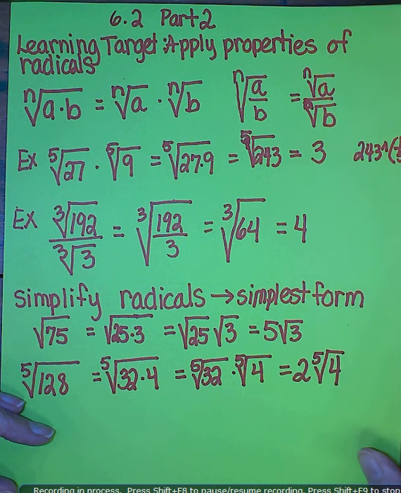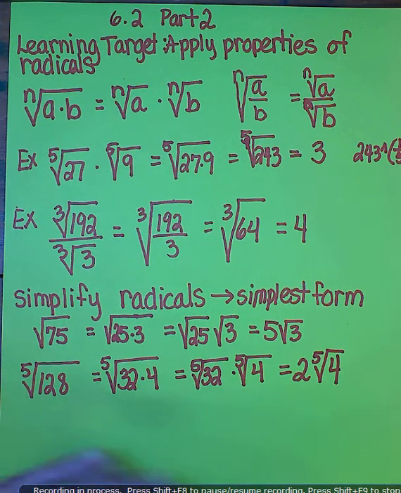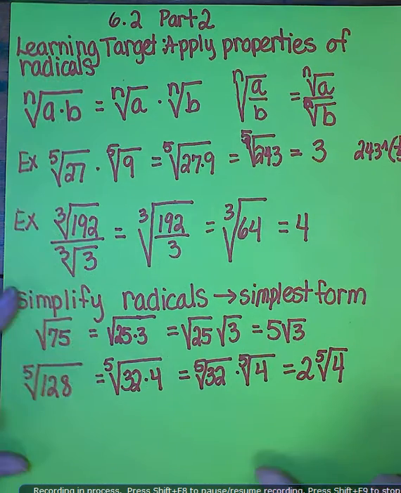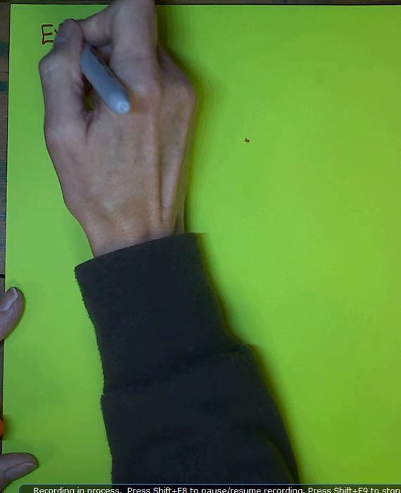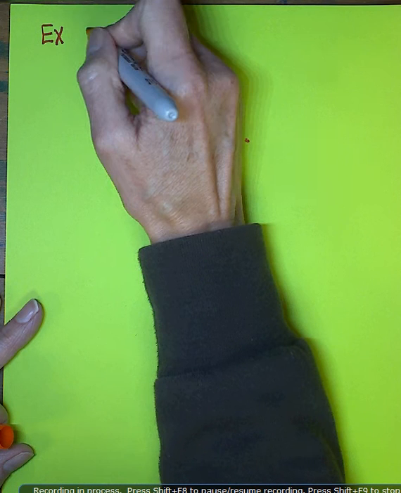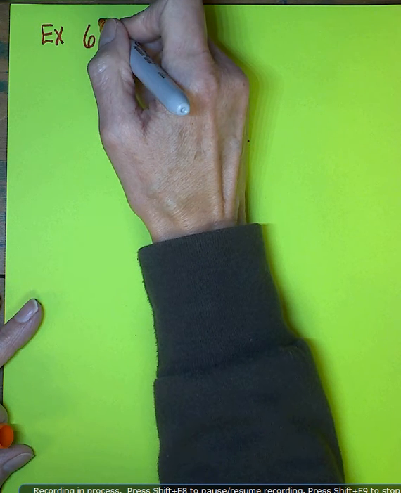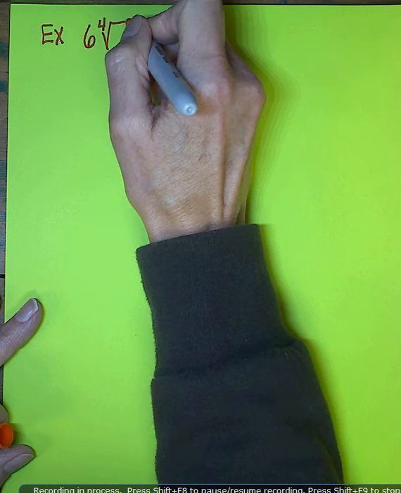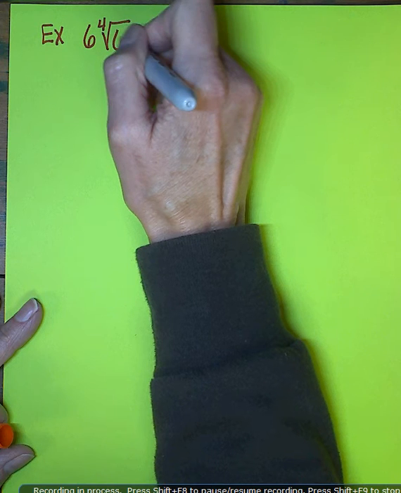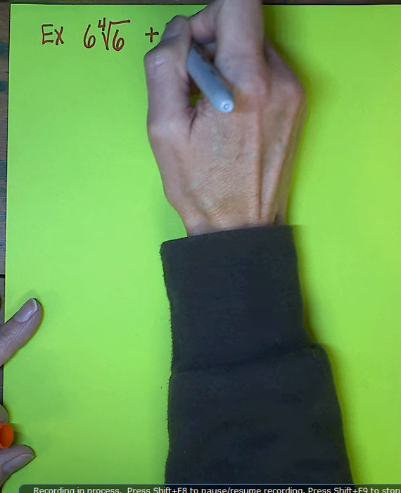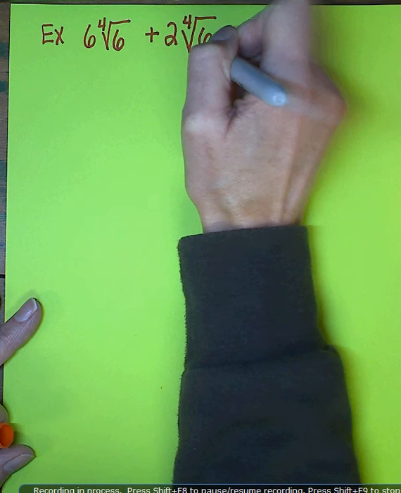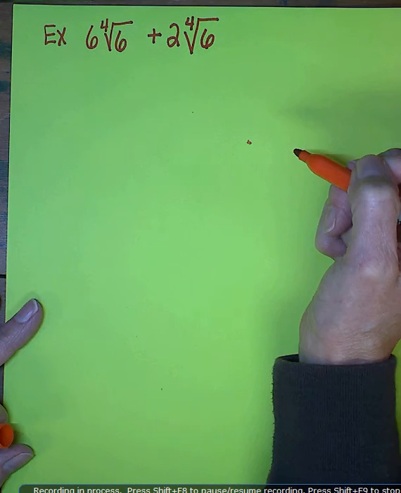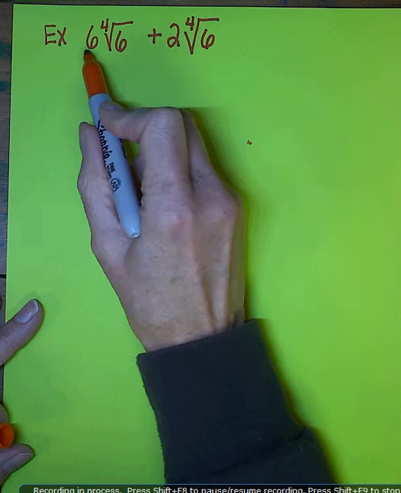Alright, so we need to do a little bit more on this video. Now, I want to teach you how to add these kind of radicals together or subtract them. You can do the same thing with subtraction. Okay, if it told us to simplify this, these are exactly alike.